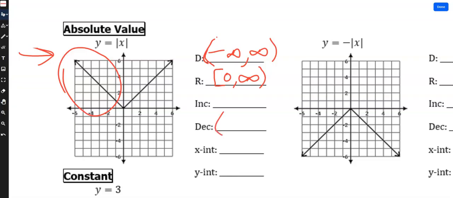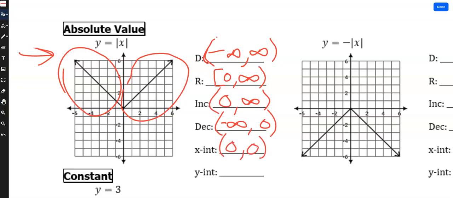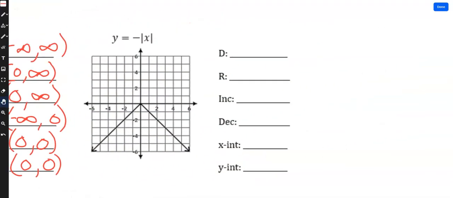So that would be from negative infinity to 0. But then once we hit 0, it switches to increasing, going back up, up, up. Once again, x-intercept, man, every one of these x and y intercepts are always the same, at least so far. See what else we end up with here.